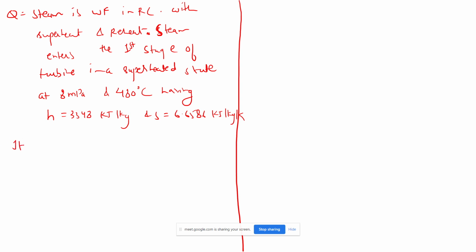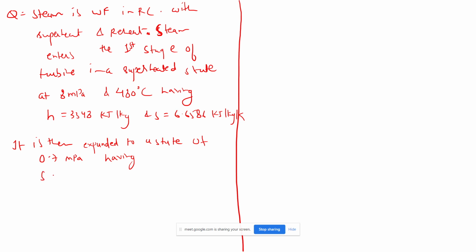Then what happens? It expands to a state of 0.7 megapascal pressure, having these values.